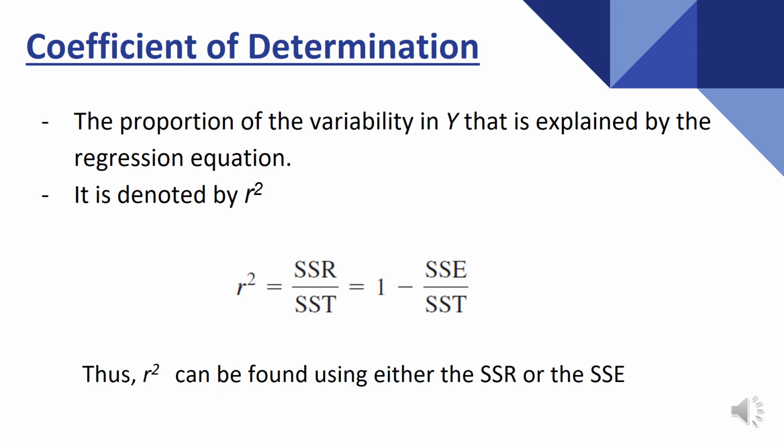Thus, r squared can be found using either the SSR or the SSE. The SSR is sometimes called the explained variability in y, while the SSE is the unexplained variability in y.